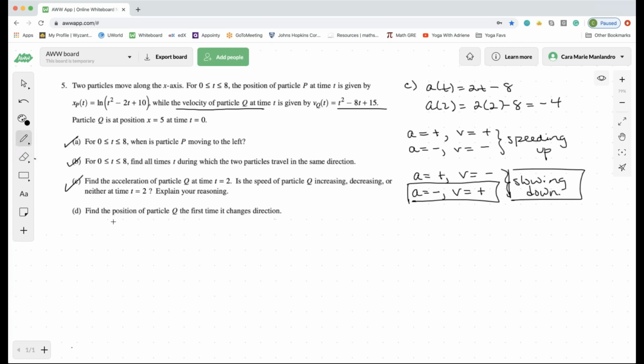All right, find the position of particle Q the first time it changes direction. Does everybody remember that we had our critical points when t is 3 and t is 5? So it changes direction at t equals 3.